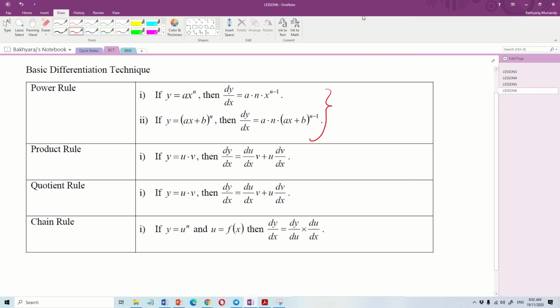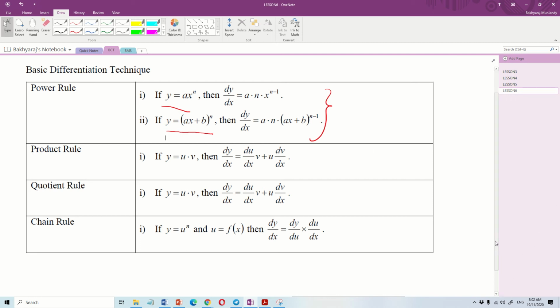So we want to look further in detail about the power rule. First we have y equals ax^n, and number 2 we have y equals (ax+b)^n. We want to look into these two equations.